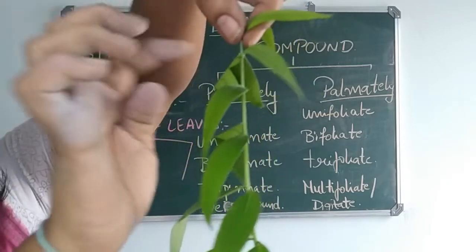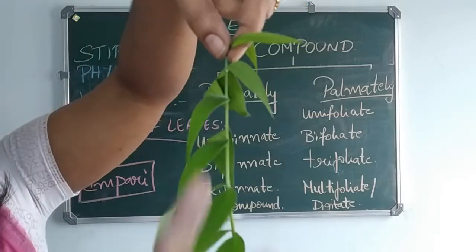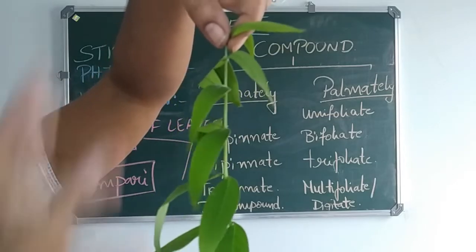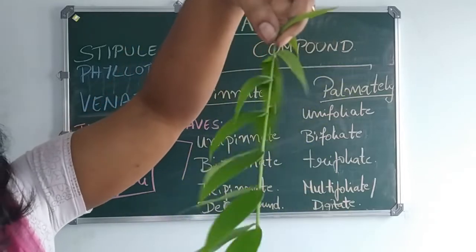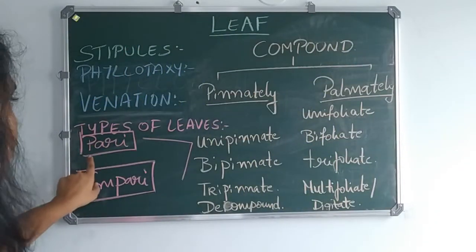When the tip ends with two leaves, it is an even number of leaflets. When there is an even number of leaflets present on the main rachis of the leaf, we call it peripinnate.